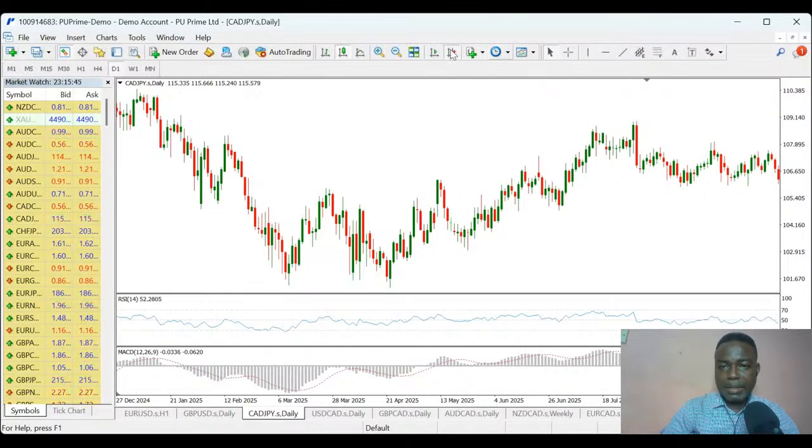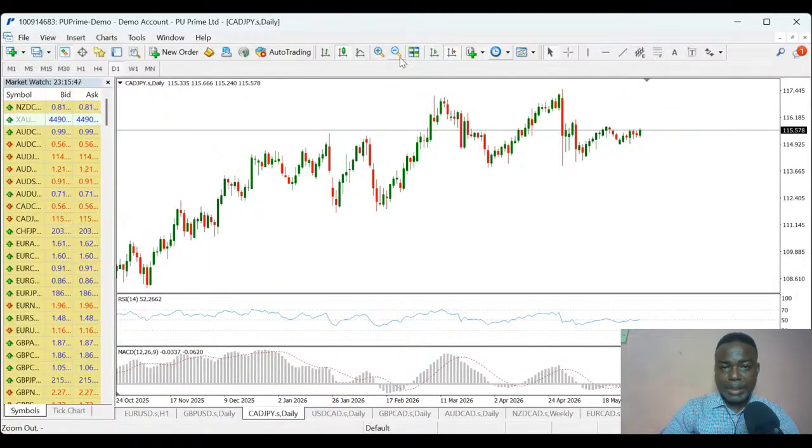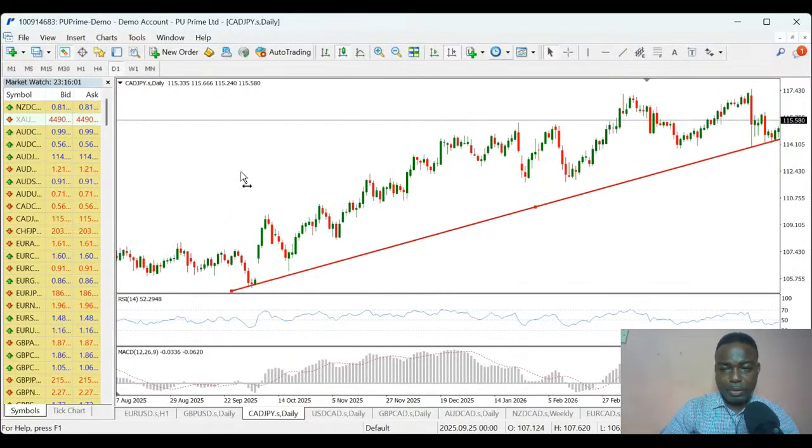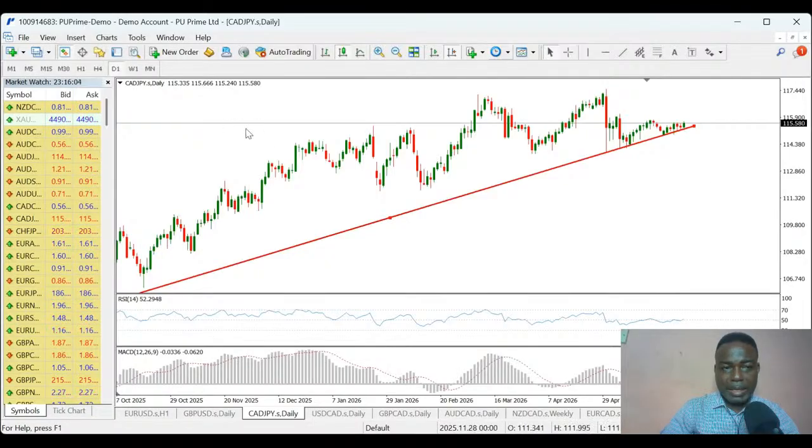So, with that being said, we'll look at the overall trend at the moment and the direction we're expecting price to go. And drawing my trend line, I can draw my trend line such that price touches a series of higher lows, and that's what we can see on the screen. Price is touching the trend line multiple times, and the next wave of movement now should be an upward movement.